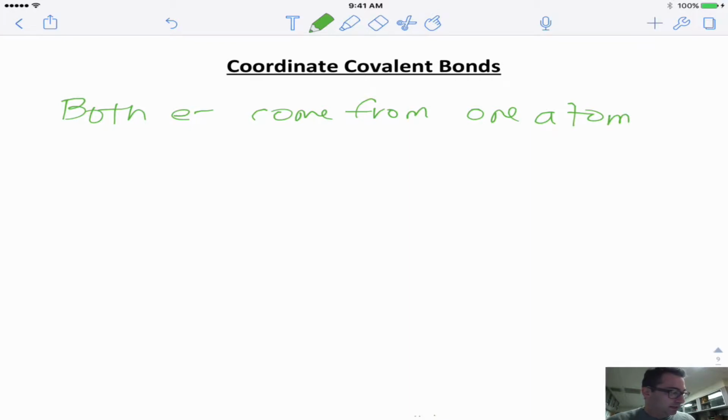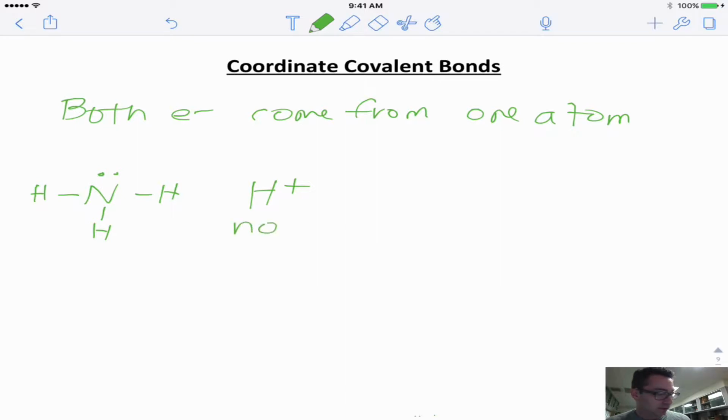What I mean by this is, take for example something like NH3. When I have NH3 in water, there are H+ ions floating around. These H+ ions are basically a proton. They don't have any electrons.